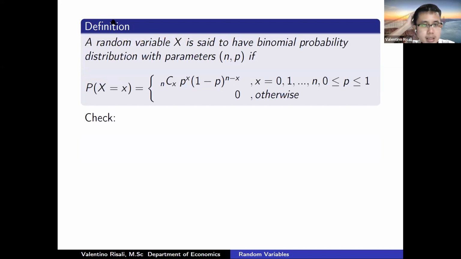This is the exact definition of a random variable which has a binomial distribution with parameters n and p if its PMF is given by this formula. That is, the probability of X equal to little x is combination n choose x times p to the power of x times 1 minus p to the power of n minus x.